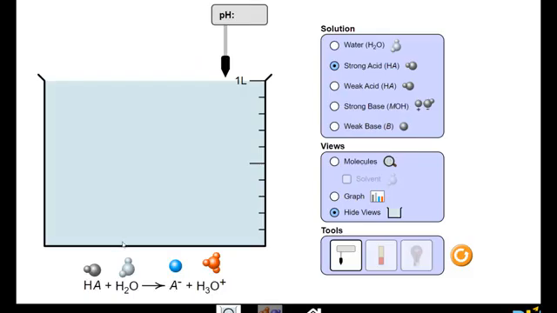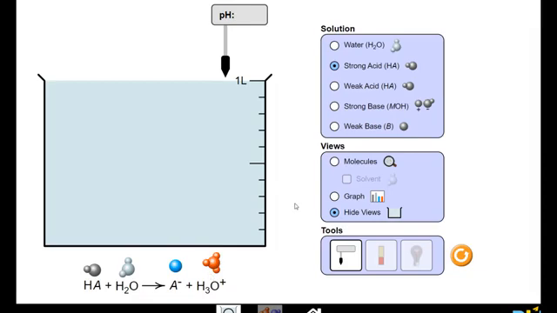So here is our reaction, just like what we were looking at. I have my HA, so for example, my HCl, my A stands for my anion. So here's my hydrochloric acid plus water, and then this gives me my anion, let's say my chloride ion, and my hydronium.